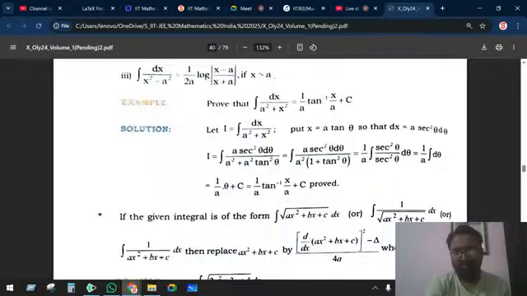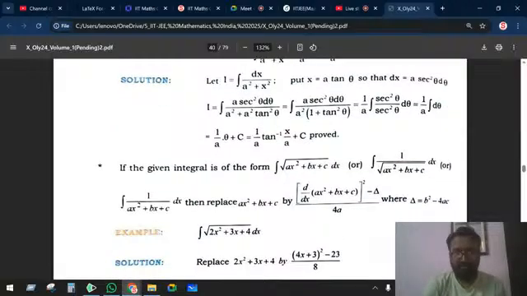So dx is equal to a sec square theta, and in the denominator 1 plus tan square theta, sec square theta gets cancelled. It is 1 by a theta, and theta is tan inverse x by a. If you remember this proof, you no need to remember this formula also. Okay. So in this case, you have to take x is equal to a tan theta. It is a substitution method.